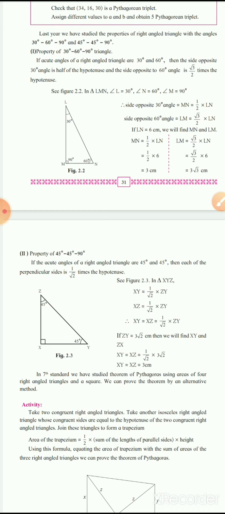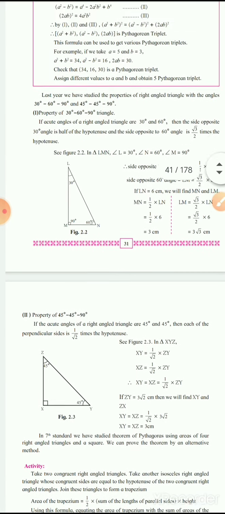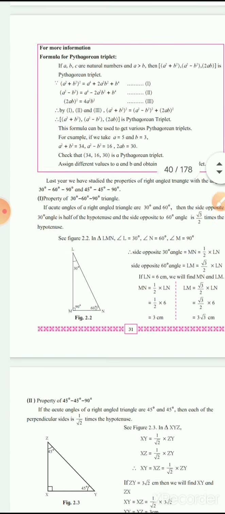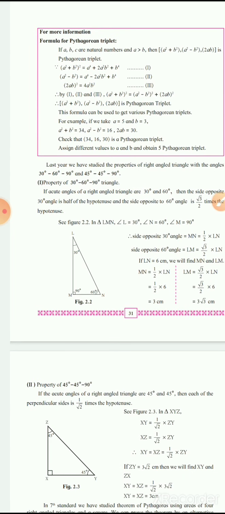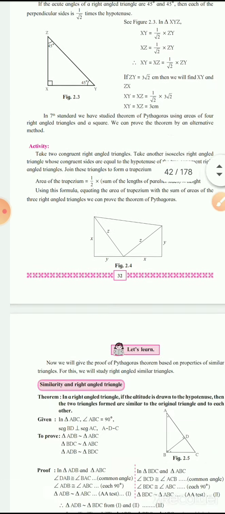Here root 2 is gone by dividing, so 3 ones are 3, so XY is equal to XZ is equal to 3 centimeter. So in this way we have learned the first property of the 30 degree, 60 degree, 90 degree triangle, and then the property of the 45 degree, 45 degree, 90 degree triangle.